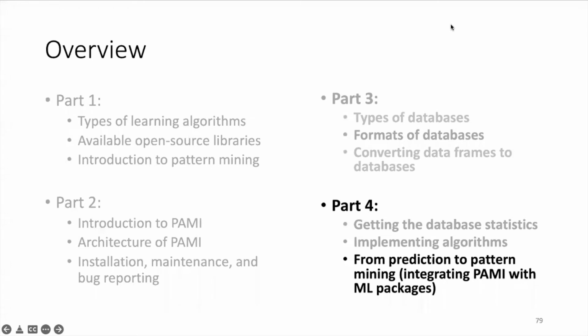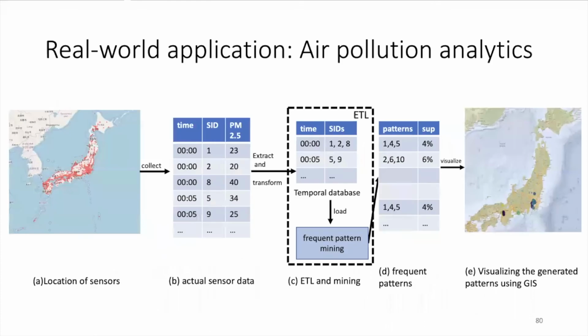We now discuss how to use PAMI along with machine learning packages. So here is the real world application of our software. So we call it air pollution analytics. So the government in Japan has set up a sensor network to monitor pollution throughout Japan.